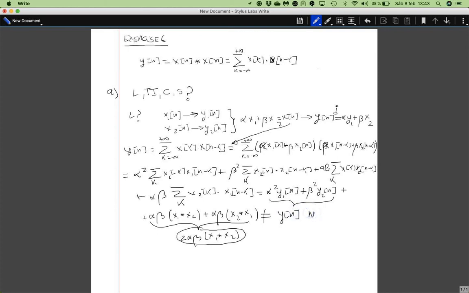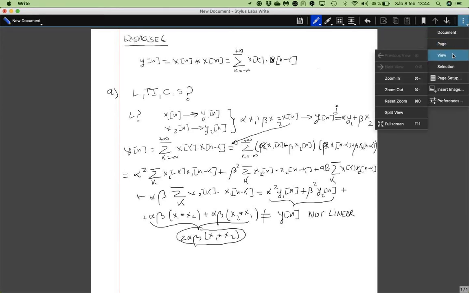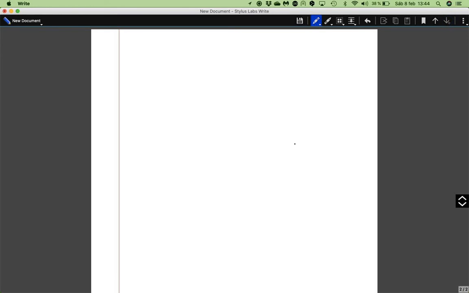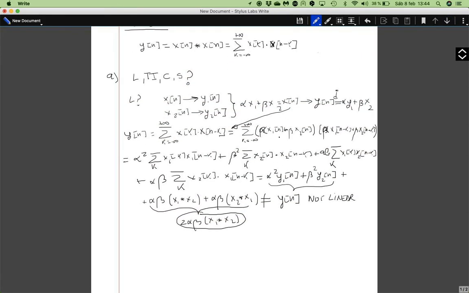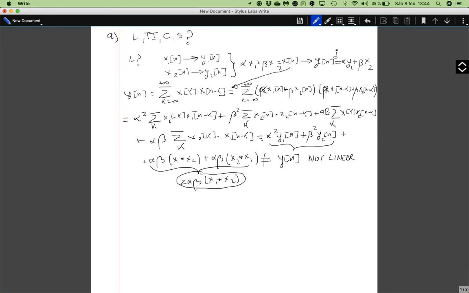So the system is not linear. Okay. So this strange system, which takes the value of the input and uses this value just to somehow calculate the output, is not a linear system.